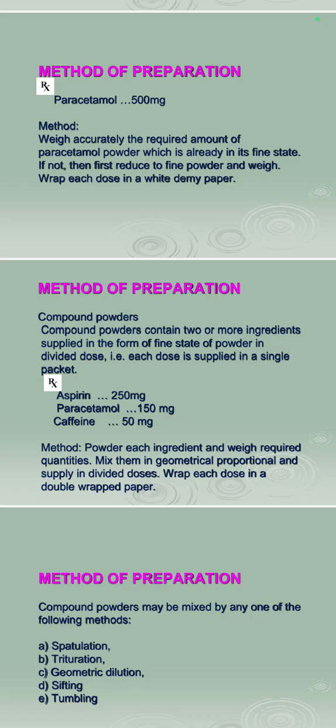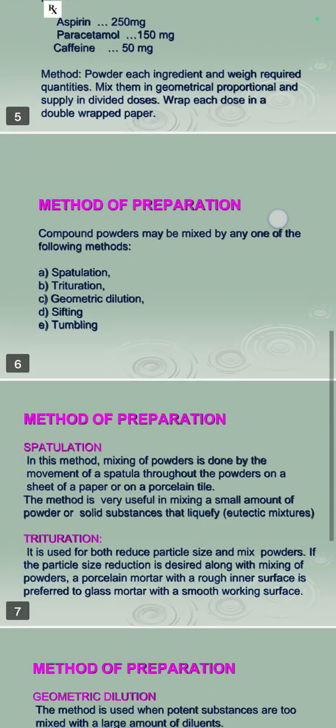The formula for APC powder is aspirin 250 mg, paracetamol 150 mg, caffeine 50 mg. The preparation method is: powder each ingredient and weigh the required quantities. Mix them in geometrical proportion and supply in divided doses. Wrap each dose in a double wrapped paper.